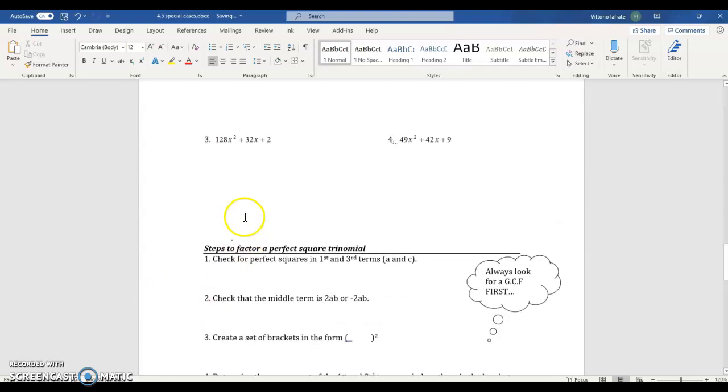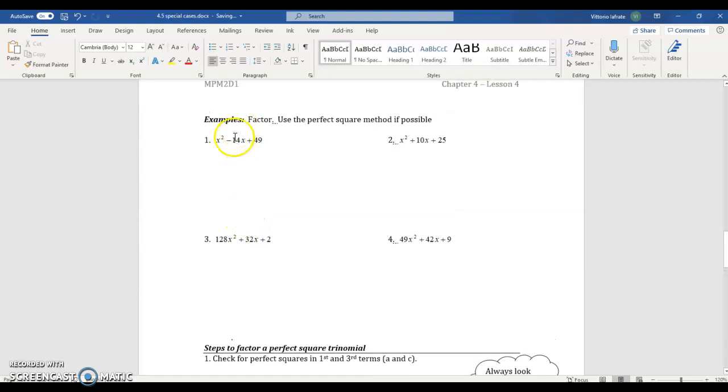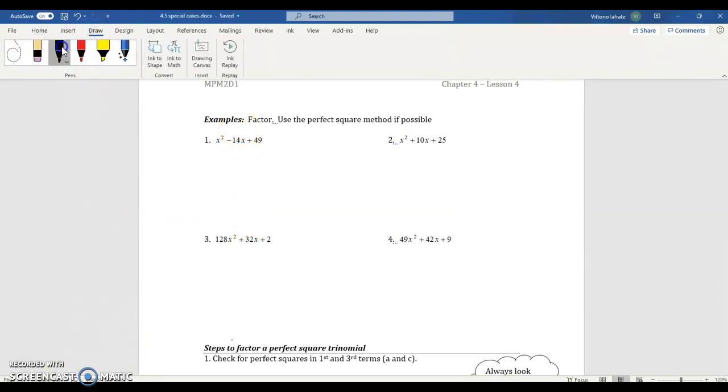Let's go to an example together. So first, let's see if we have a perfect square trinomial. Perfect square for the first term, good. Perfect square for the second term, good. Is our middle term actually going to be negative 2ab? Well, let's see.